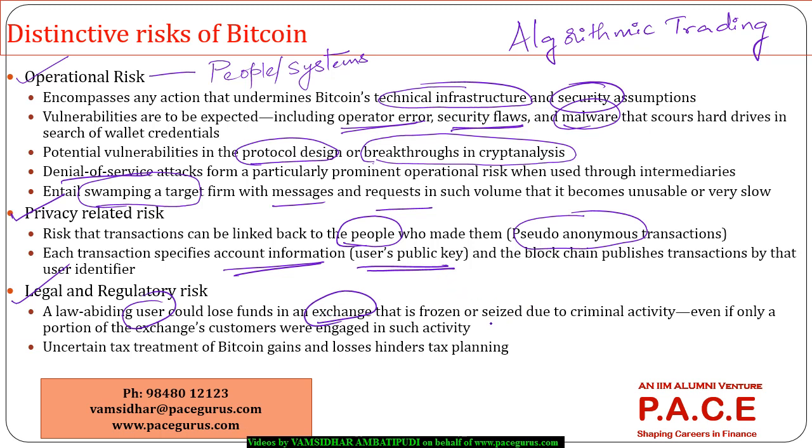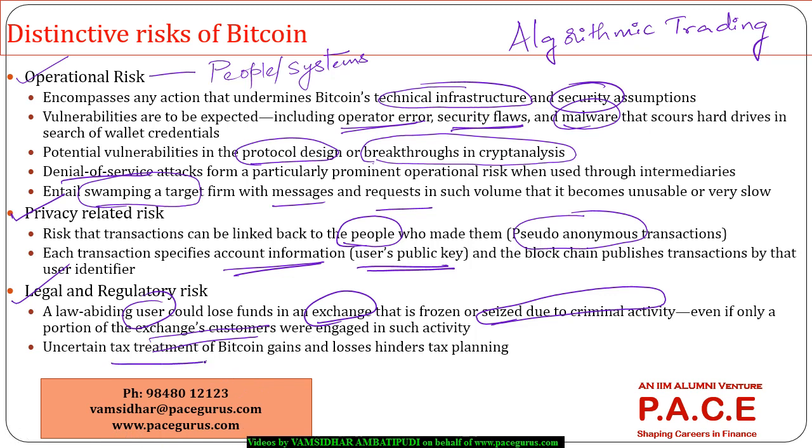Especially, the whole exchange might be seized because of the criminal activity of one or more users of the system. So the exchange's customers, a couple of them, they may use the entire Bitcoin process for various criminal activities, but even if the whole exchange gets seized, and me as a law-abiding user also am bound to lose my money altogether. So that's where the legal versus the regulatory kind of risks are bound to occur.